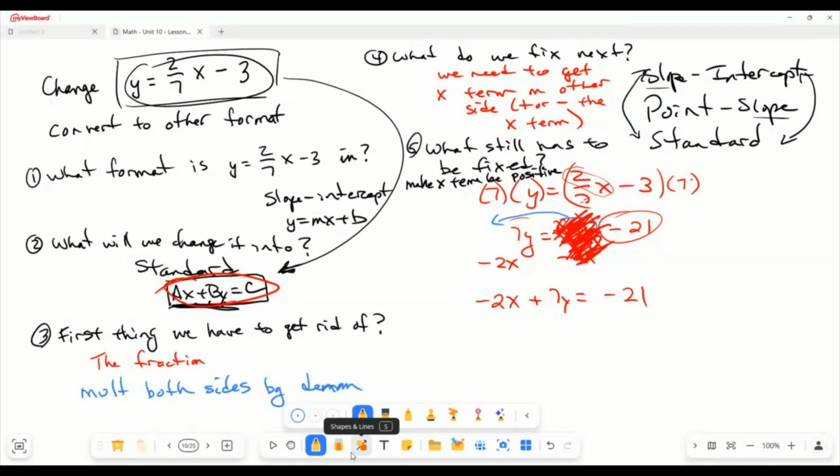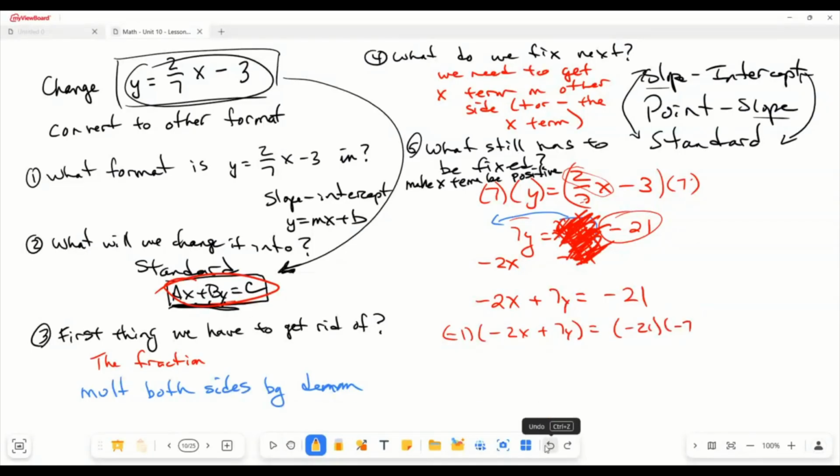We do that by multiplying this whole side by negative 1. Negative 1 times negative 2x is positive 2x. Negative 1 times positive 7y is negative 7y. Negative 21 times negative 1 is positive 21.